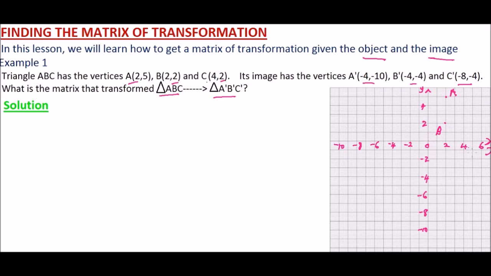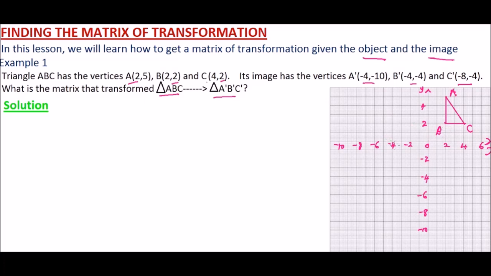Then C is (4, 2), that is where we have our C. So that is the triangle, the object. So this is the triangle that we have been given, the object. Let's go ahead and plot the image.